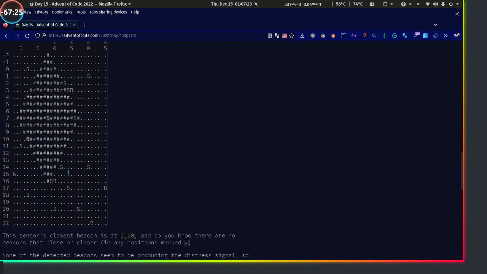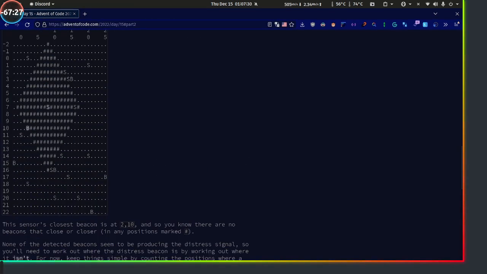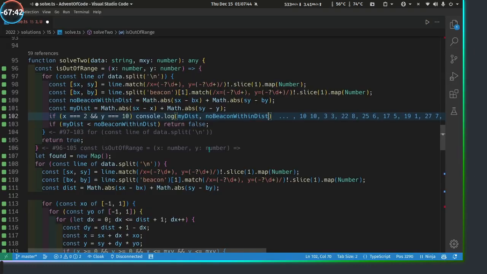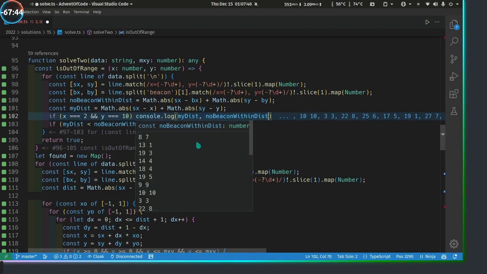Yeah, so that seems logical to me. Let me look back at that picture. The thing is, they're not drawing all the beacons. I think that's what's throwing me off. Yeah, I think this is what I need to fix, though. Oh, what the hell?